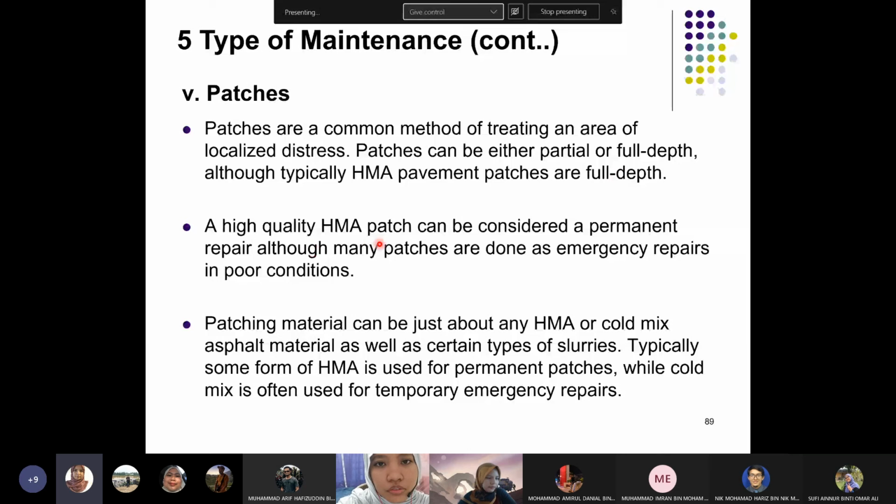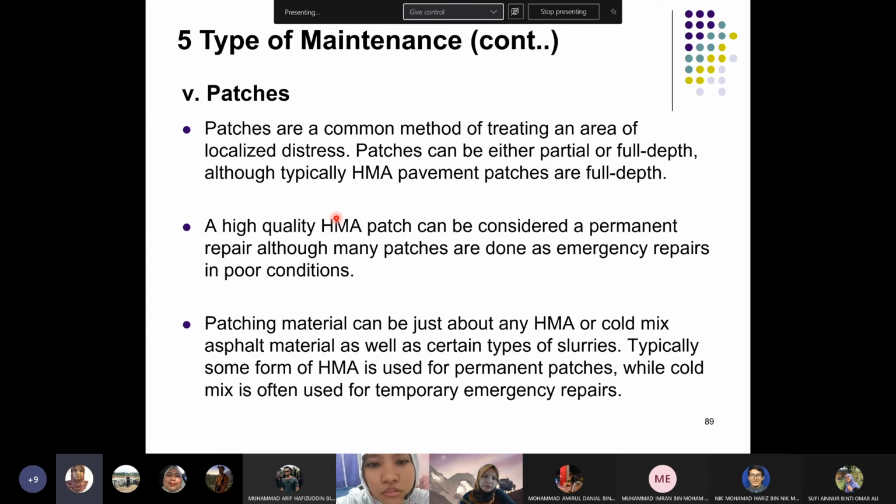Okay, a high quality HMA can be considered a permanent repair, although many patches are done as emergency repairs in poor condition. Tapi kalau you guna hot mix asphalt yang very high quality, kita dah boleh consider you dah solve the problem.